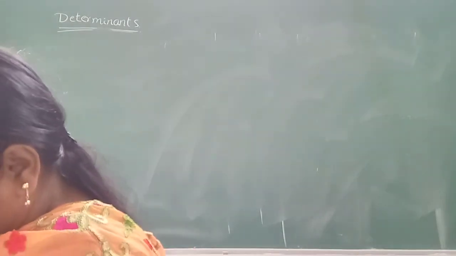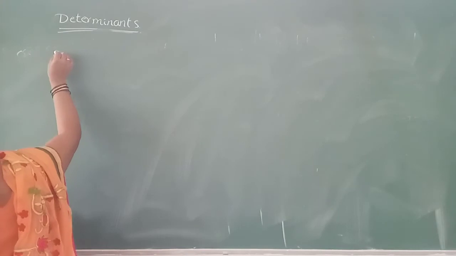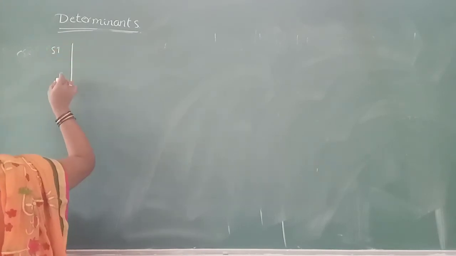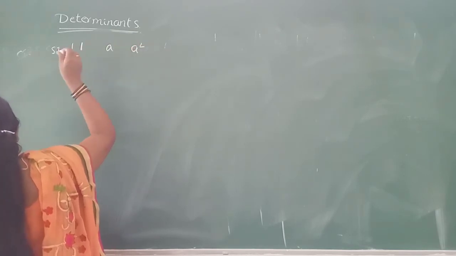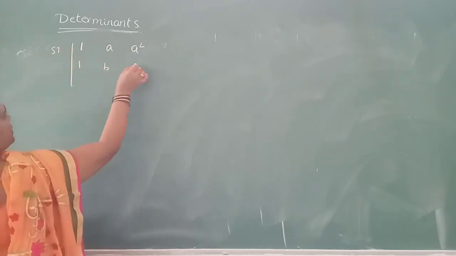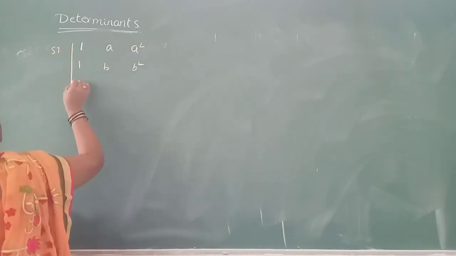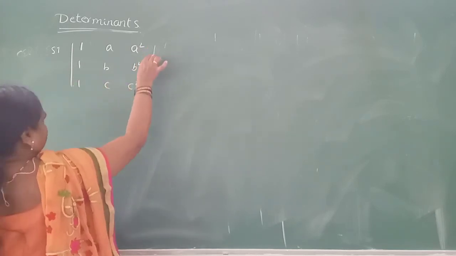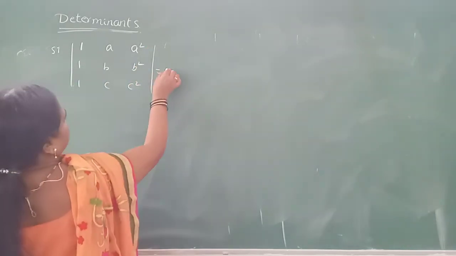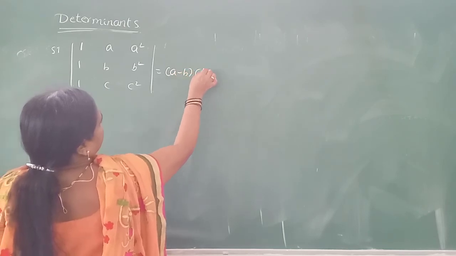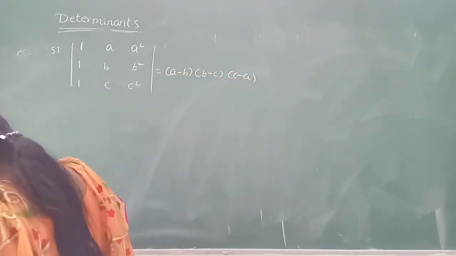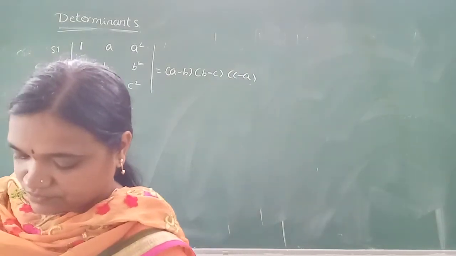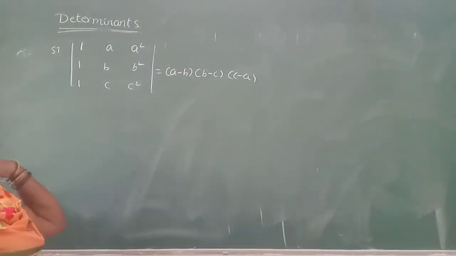We will take the next example. Show that the determinant with rows 1, A, A square; 1, B, B square; 1, C, C square is A minus B, B minus C, C minus A. Okay, we will do this.